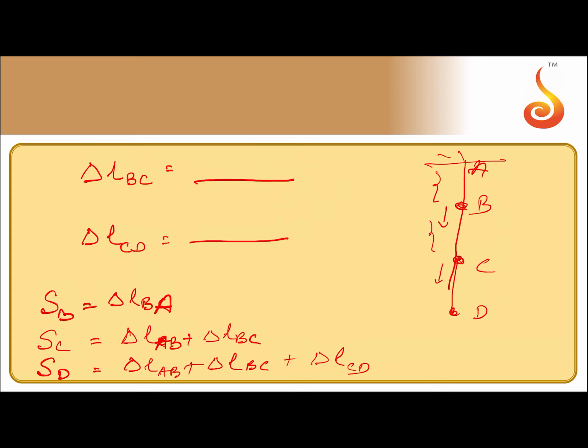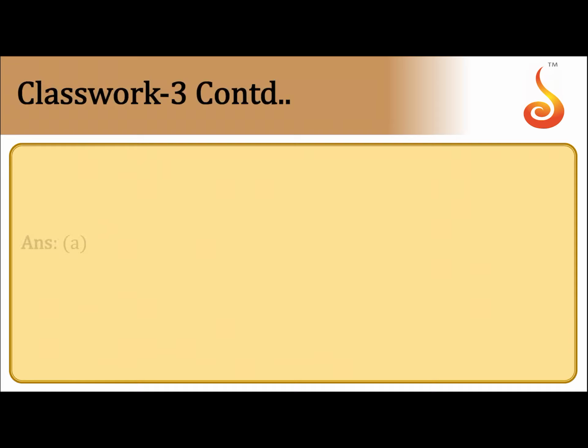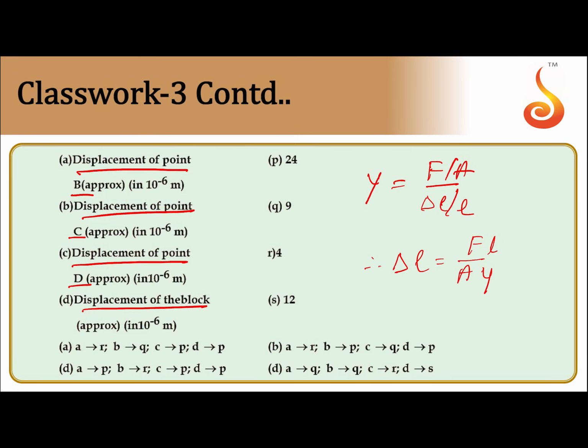And what about the displacement of the block? The displacement of the block is same as the displacement of the point D. Hope the idea is clear. It's actually a simple problem because all the rods are light, each one of them experiences the same tension. So if you simplify it, you will get this option. If I show it, go back, this is what you get.